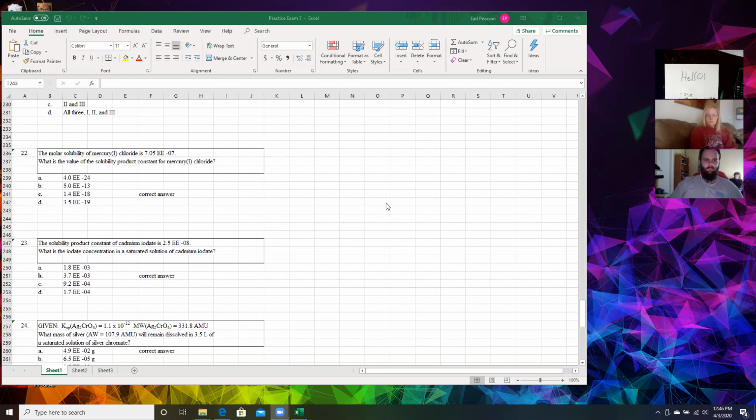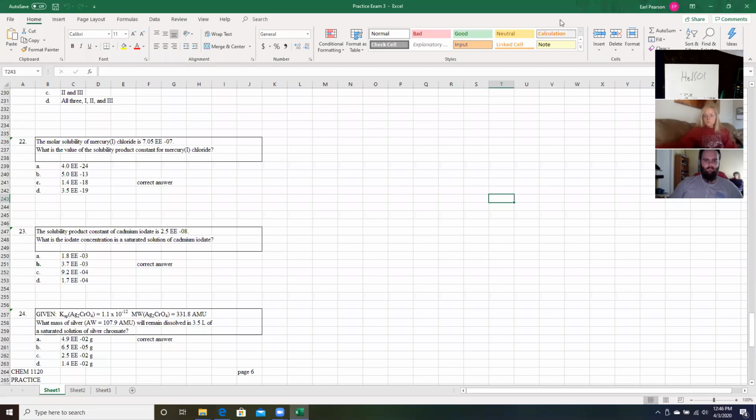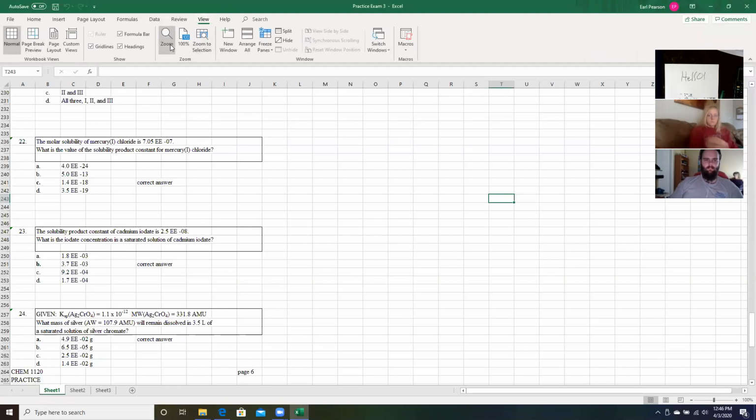Okay, I think we are ready to go. Let me maximize this screen, which will make your screen bigger. I think I've got it as big as I can make it now on your screen, except I'm going to do one little thing up here. I'm going to change the view and zoom it.